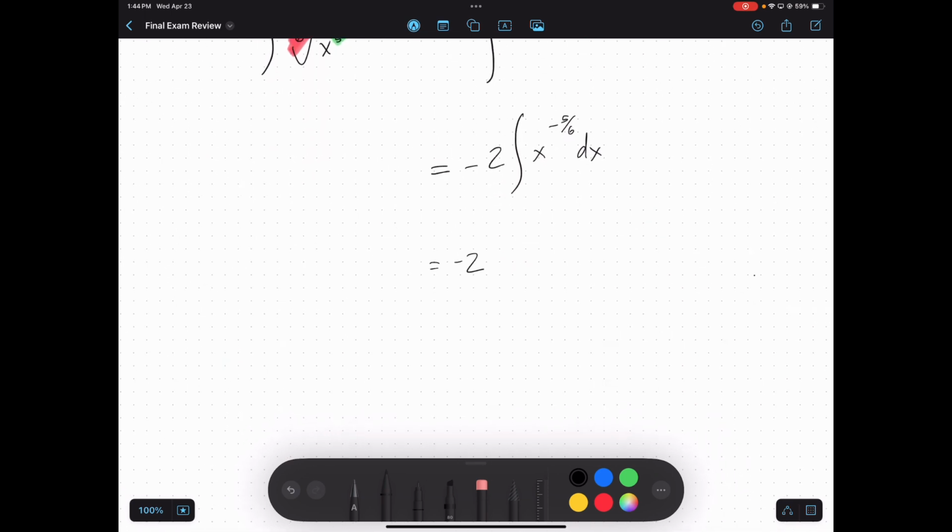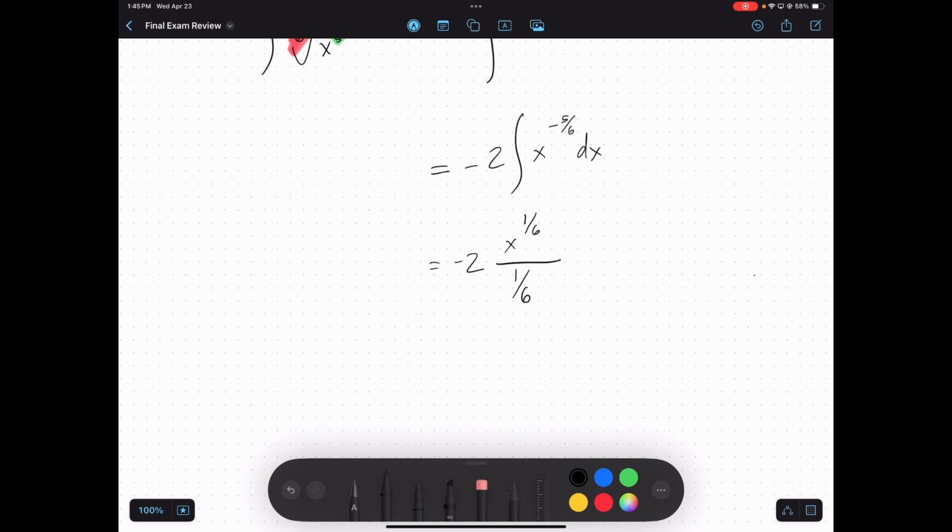And then my power rule for antiderivatives, what do I do to that exponent? Yeah, I will divide by whatever the new exponent is. So what's the new exponent going to be? 1/6, because I'm going to add 1. -5/6 plus 1 gives me 1/6, and that means I'm going to divide by 1/6.